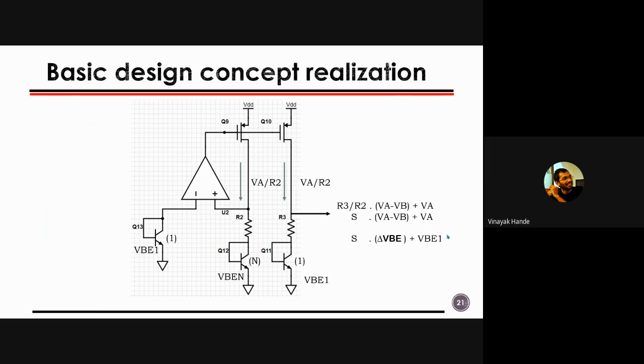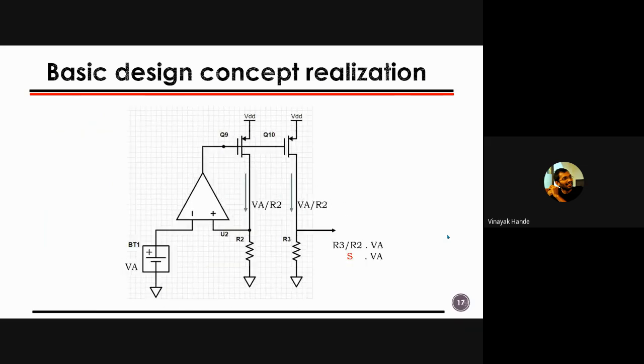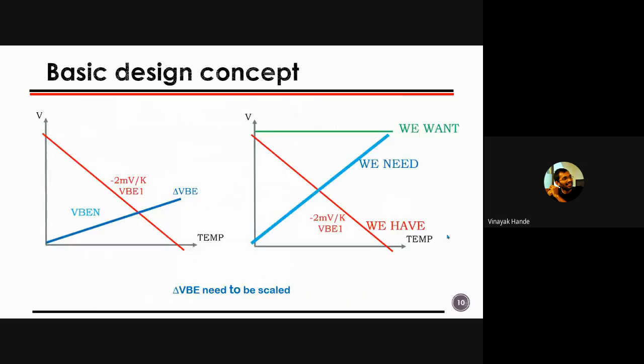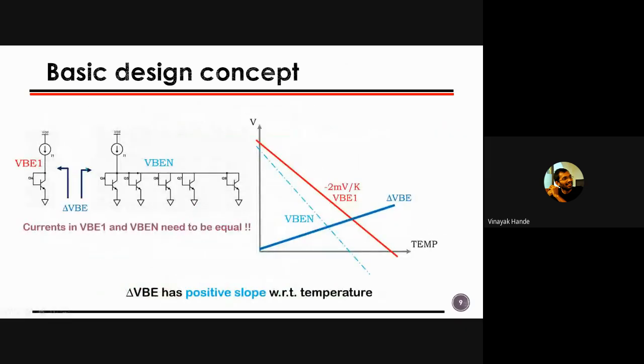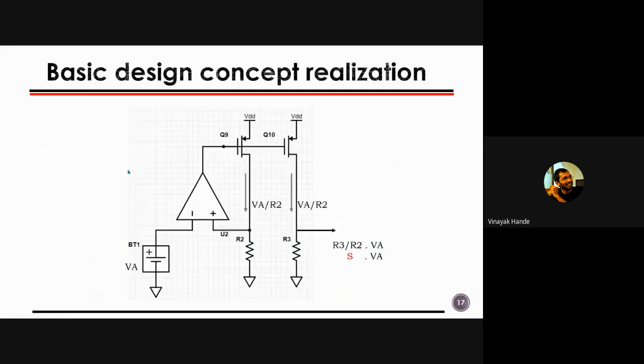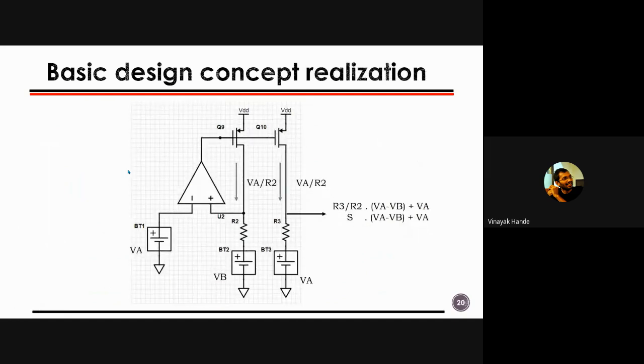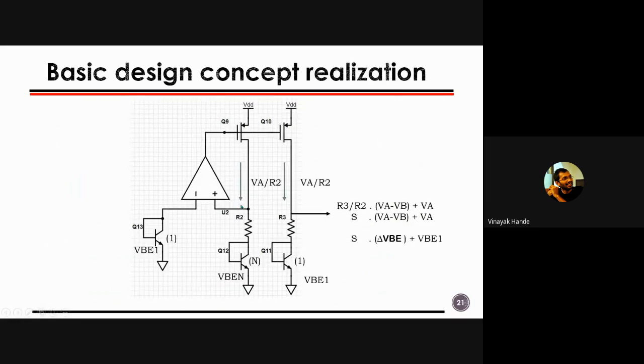Because our basic fundamental, which we started with, is the assumption that both the transistors have an equal amount of current flowing through them, right? So we can go back and see that the current flowing through this is V minus VB by R2 here actually, but no current is flowing through VB1, right?